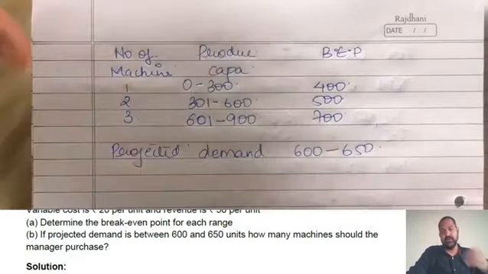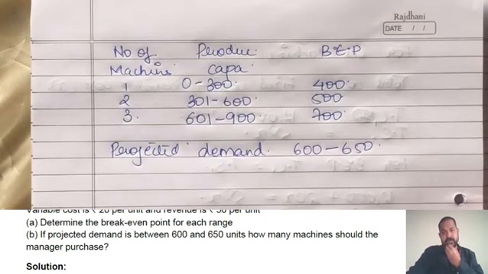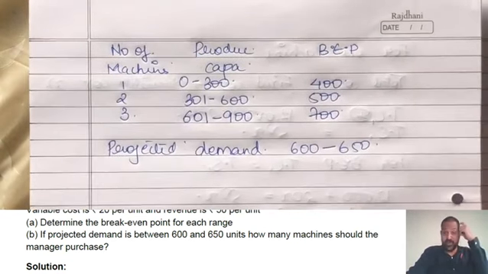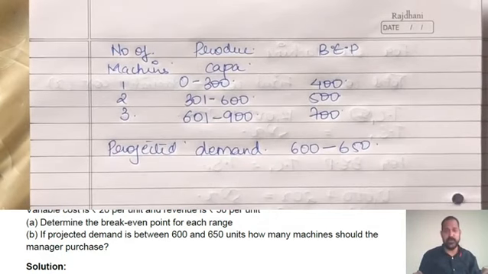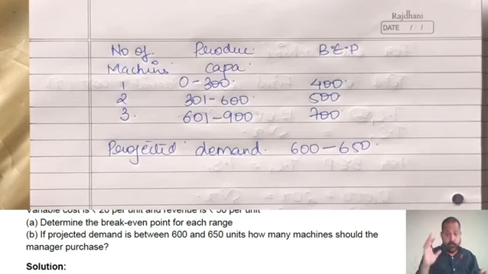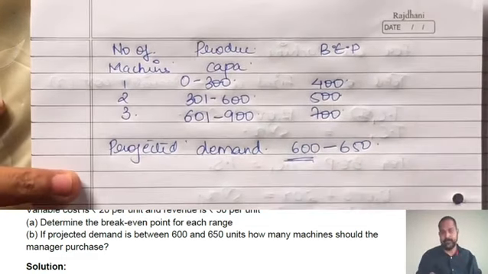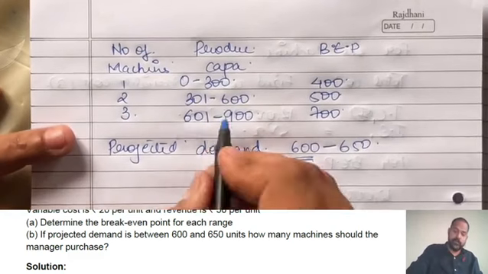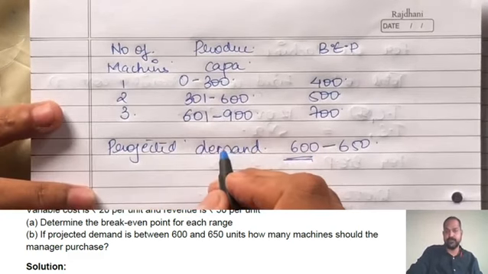This becomes a little weird. 600 to 650, so you're not giving me an exact value. You are giving me between 600 to 650, could be anything. Ideally, if you want to produce 600, produce it in 2 machines.